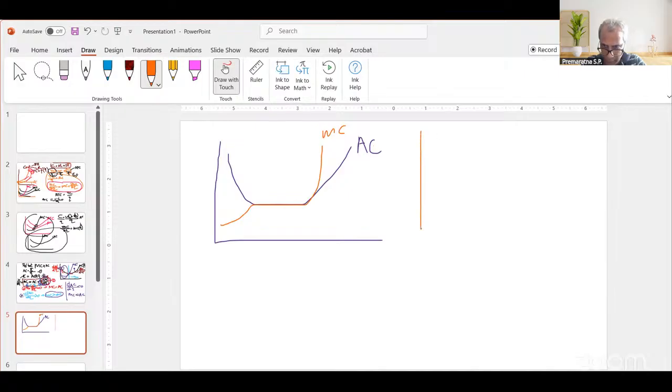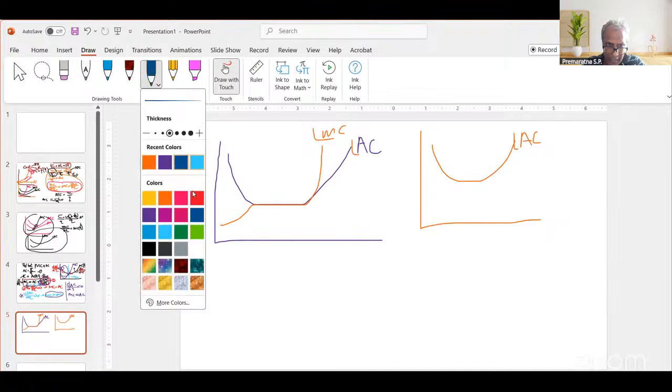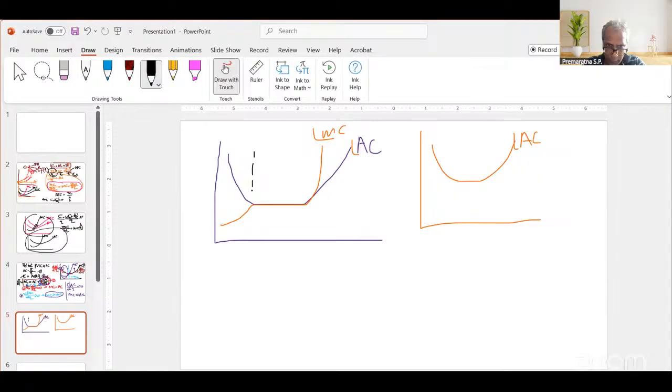If I draw the other way, like here, the long run average cost curve and the long run marginal cost curve. If I draw a line here, you can identify exactly 3 portions. Like you can divide it into 3.